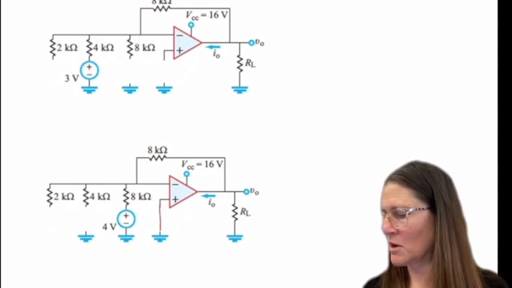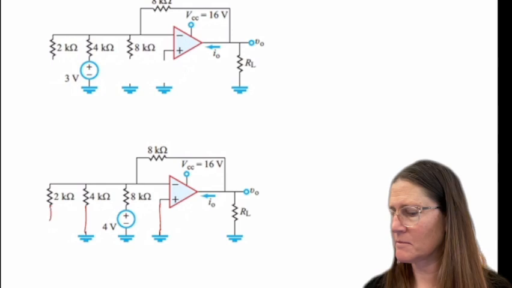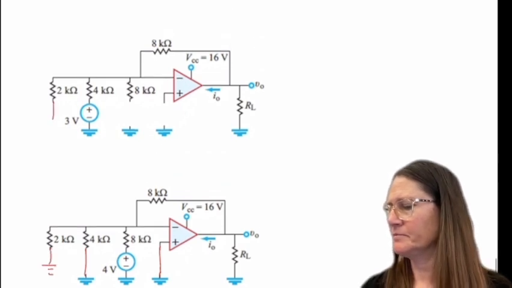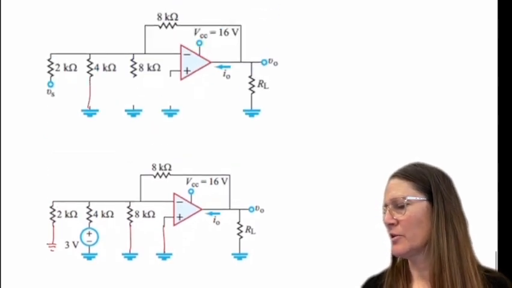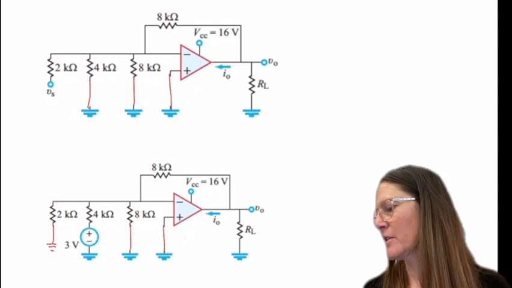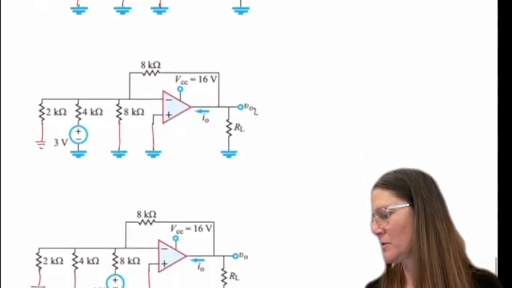So these would be my circuits. So starting with VS in there, we get 1, 2, and 3 of them.